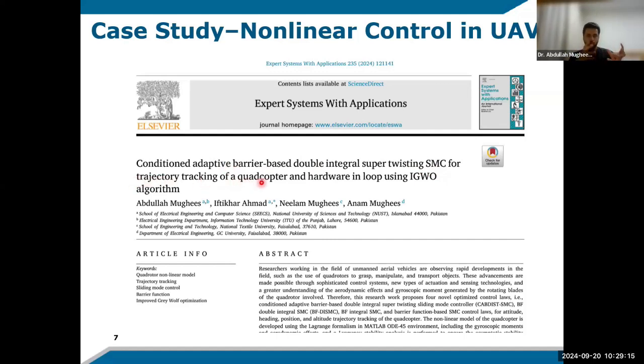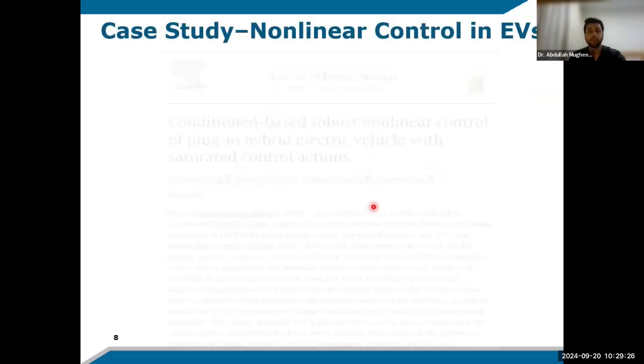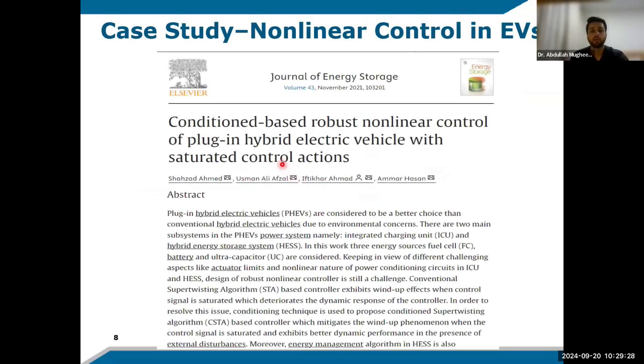This quadcopter is a UAV system, so for its trajectory tracking a nonlinear control technique was used, and it was published just recently. Here we see another nonlinear control technique, the condition-based robust nonlinear control. It was used in an electric vehicle with saturated control actions.